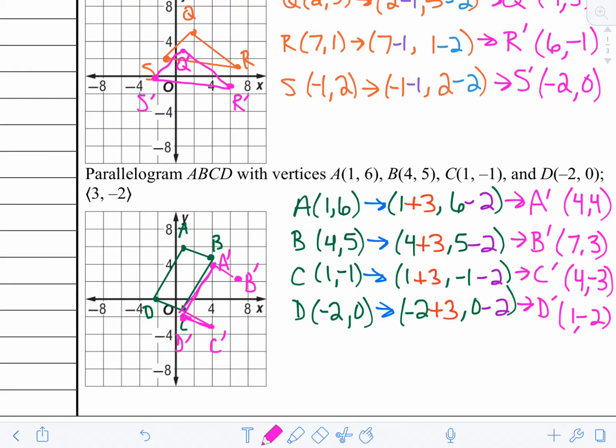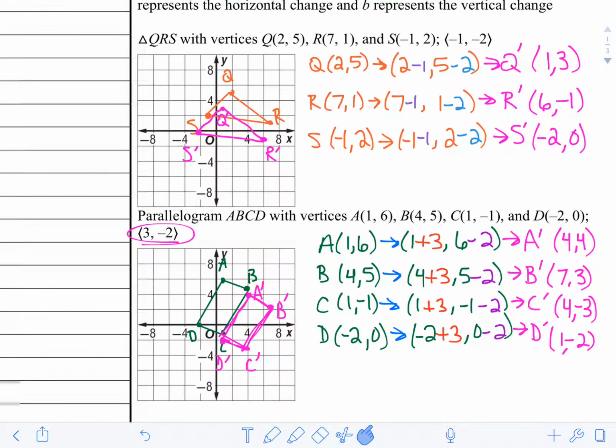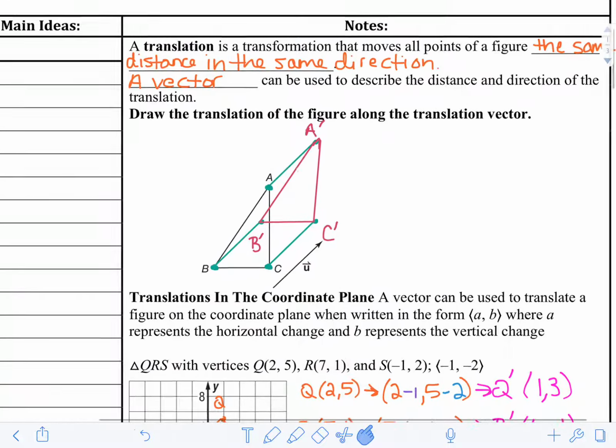You can see that our parallelogram shifted over 3 in the positive direction on the x, and it went down 2 units on the y. Again, that comes from this vector: add 3 to your x's and subtract 2 from your y's. And I believe that is it, because this is the assigned -1. So that's it for translations.